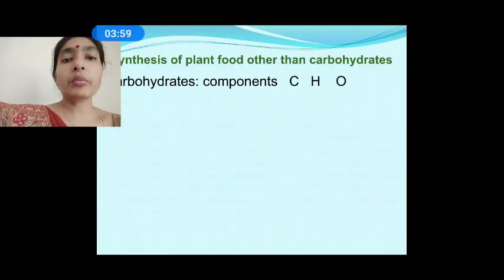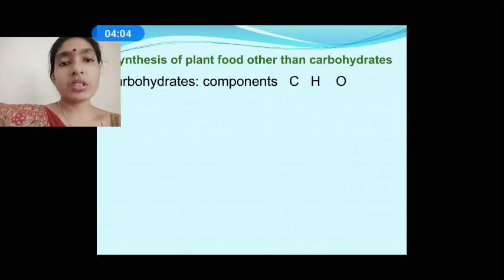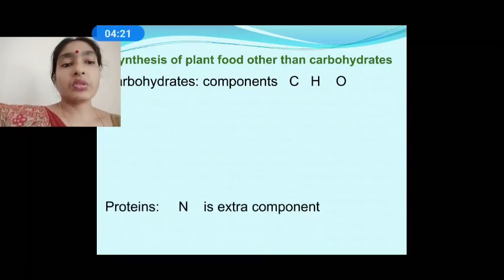The main components of carbohydrate are carbon, hydrogen, and oxygen. Similarly, for fat also the main components are carbon, hydrogen, and oxygen. These are obtained from carbon dioxide and water. But protein has an amino acid group, which means extra nitrogen.